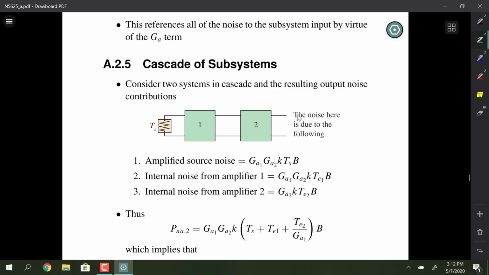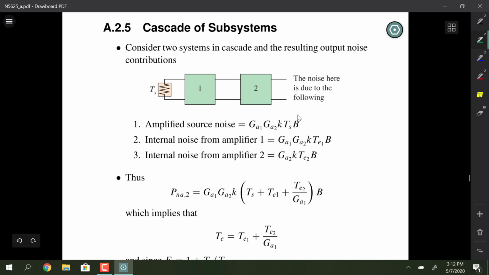So the cascade works for any number of subsystems, but here it's just shown for 2 subsystems, but it can be generalized up to as many subsystems as you might have. And it shows that there's a temperature of a source which is driving this. That will become an antenna here eventually. And then we have the first subsystem is number 1, the second subsystem is number 2.